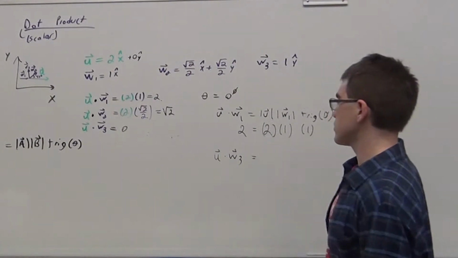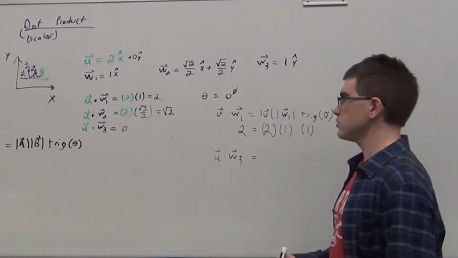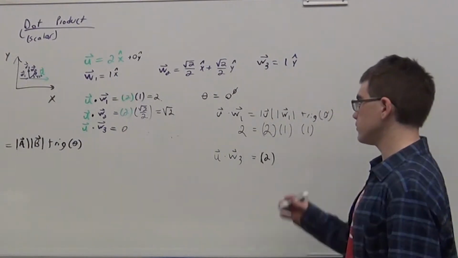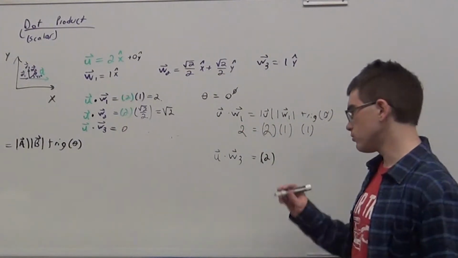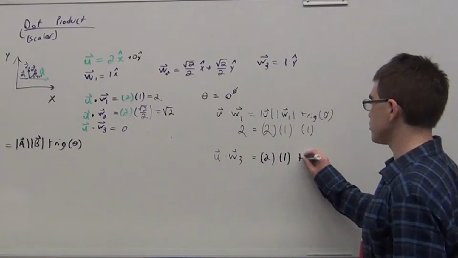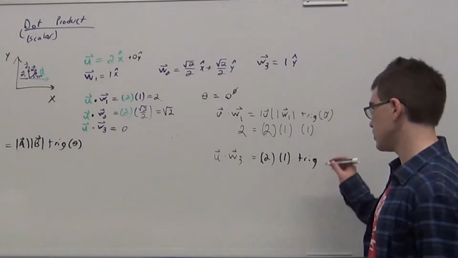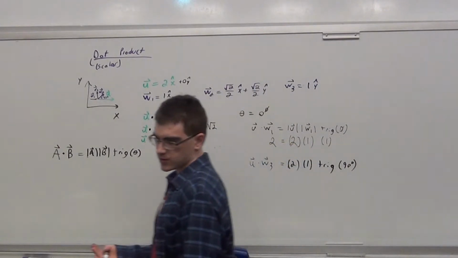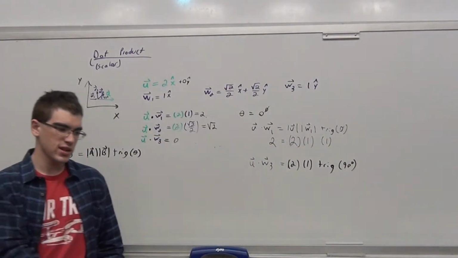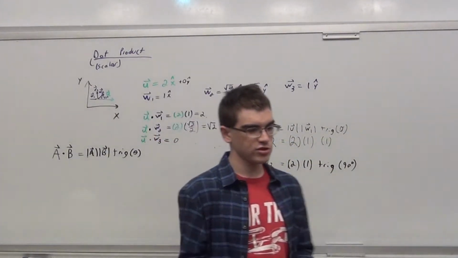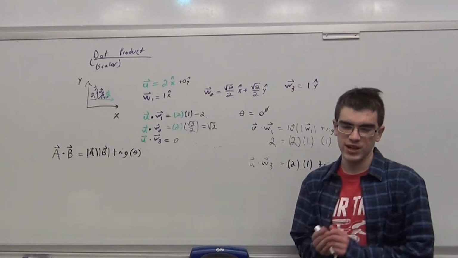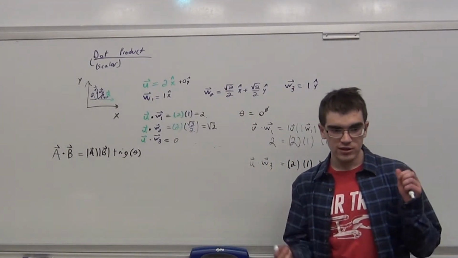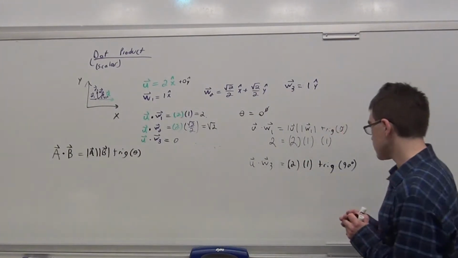And when we had the opposite case, where we were perpendicular to each other, when we were looking at W3, this is going to be equal to the magnitude of U, the magnitude of W1, which is still 1, times the trig function of 90 degrees. Now, wherever in physics you see stuff decreasing or increasing based on angle, you should be thinking there's either a cosine or sine relation, and now you just need to use a limiting method to determine which one we want to use.